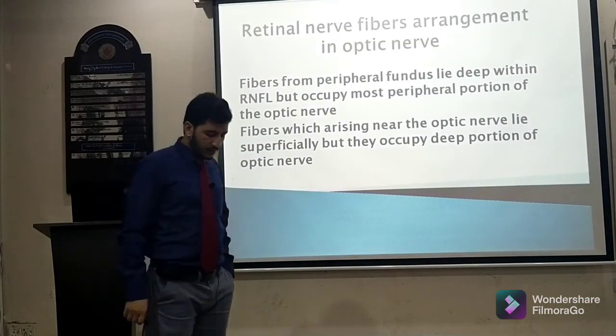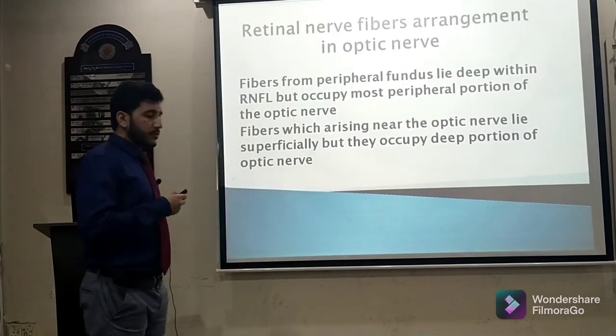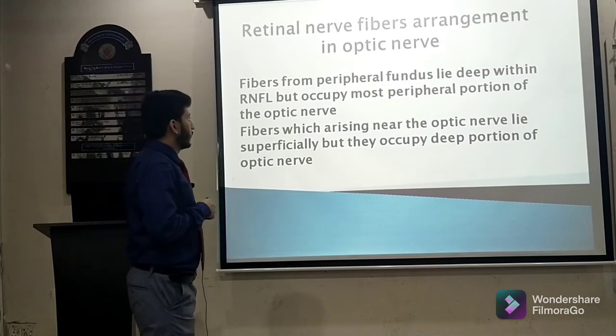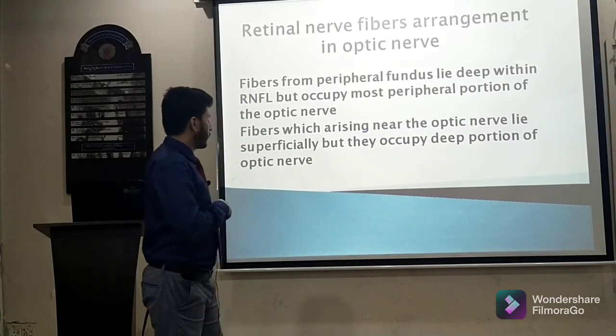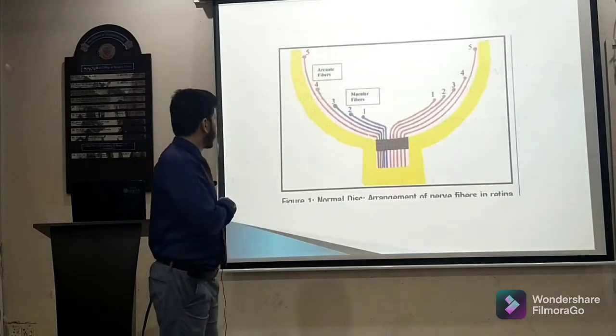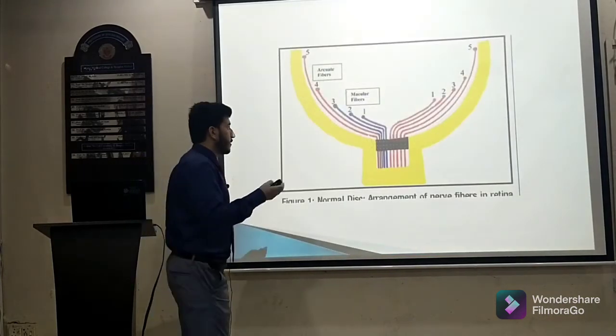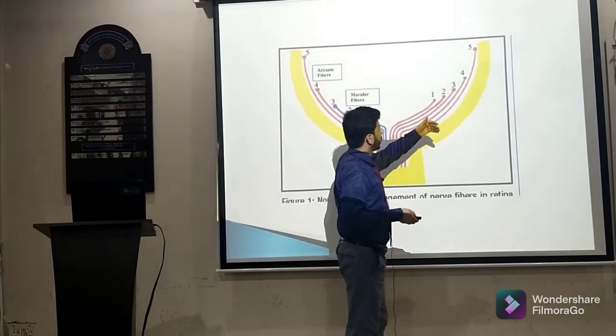Retinal nerve fiber arrangement in the optic nerve. Fibers from the peripheral retina, from the peripheral fundus, lie deep within the retinal nerve fiber layer, but occupy the most peripheral portion of the optic nerve. I will explain in the diagram the previous words.